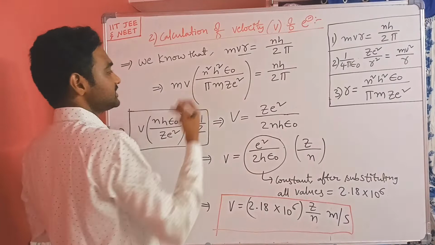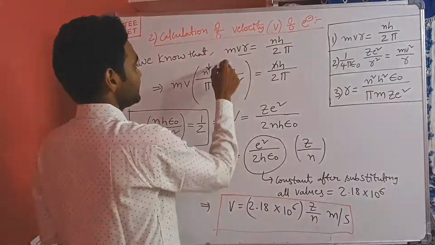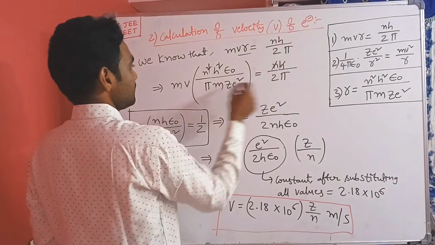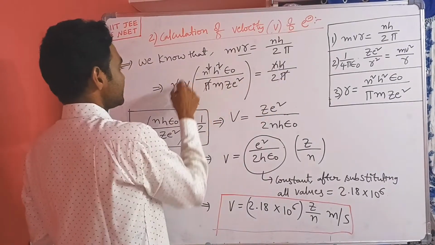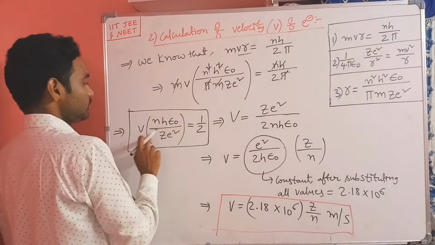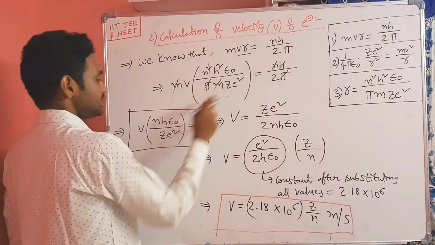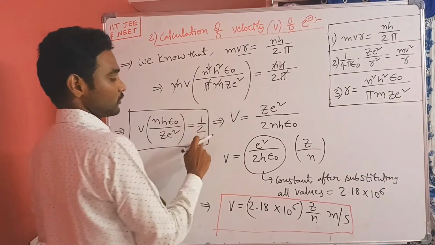Now here which things can cancel out? Here n one time will cancel, h one time will cancel, pi will cancel, m will cancel. Then which one remained I have to write: v into n h epsilon naught by z square is equal to 1 by 2.